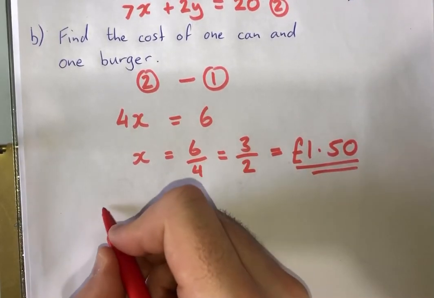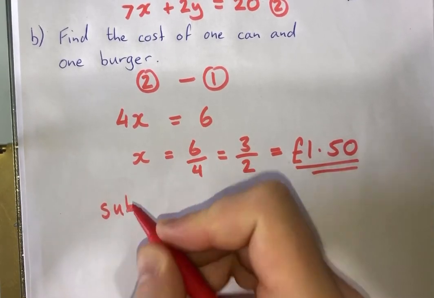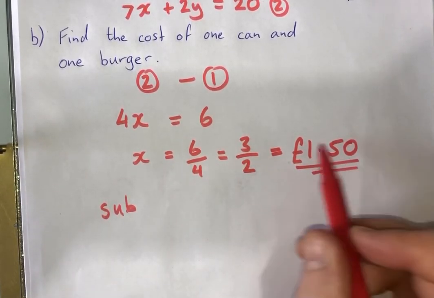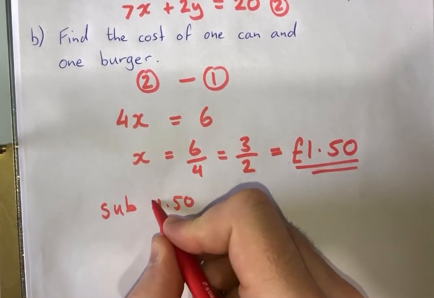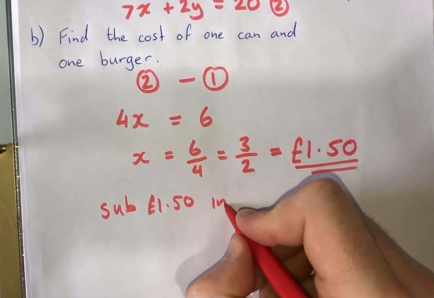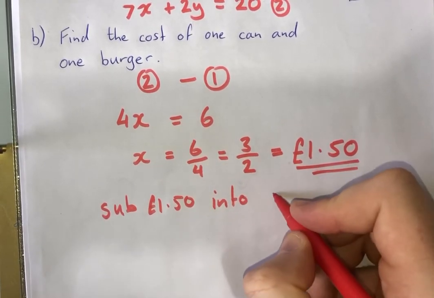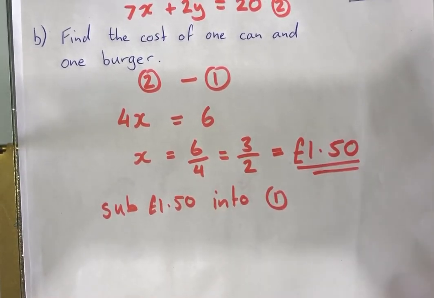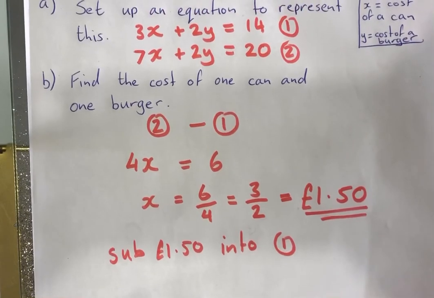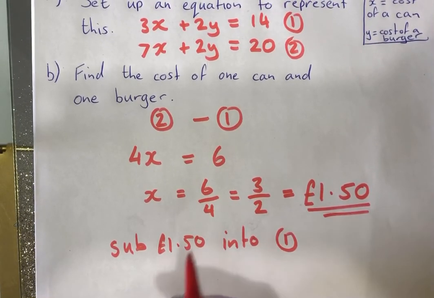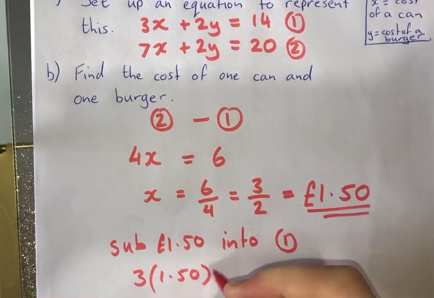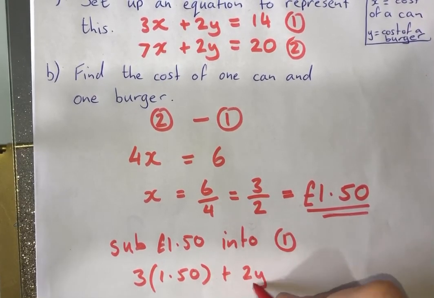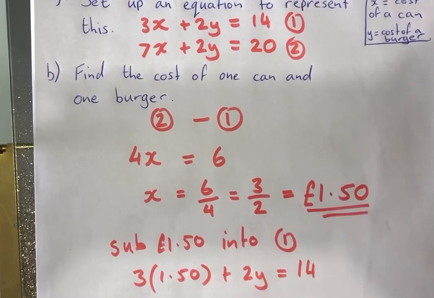Now you could sub either of these values in, but I'm going to just keep it with money. So I'm going to sub £1.50 into 1. Okay, so that's equation 1 up there again. So it's going to be 3 times £1.50 add 2y is equal to 14.